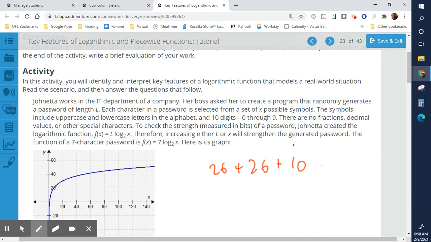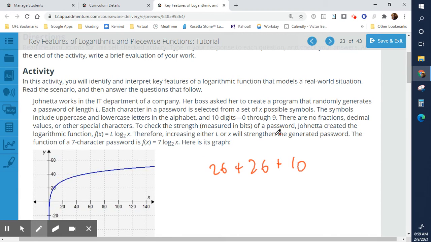There are no fractions or decimal values, so they're just integers, basically. To check the strength of the password, Janet created the logarithmic function. So she's going off base 2, log base 2.